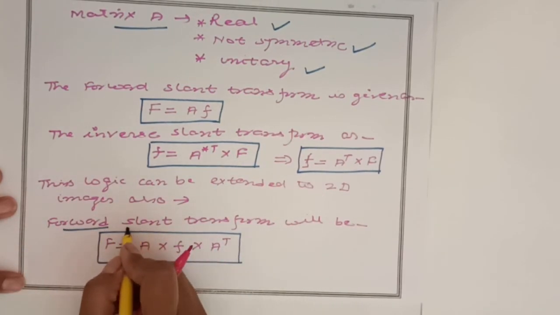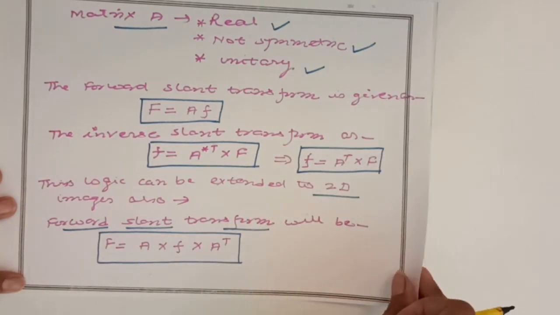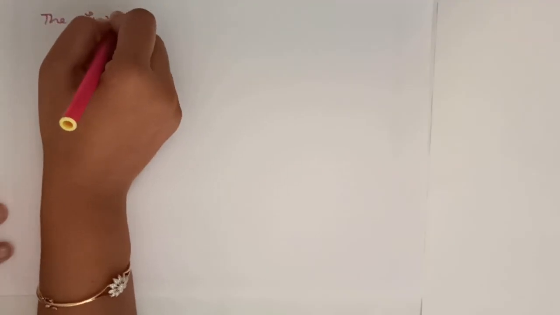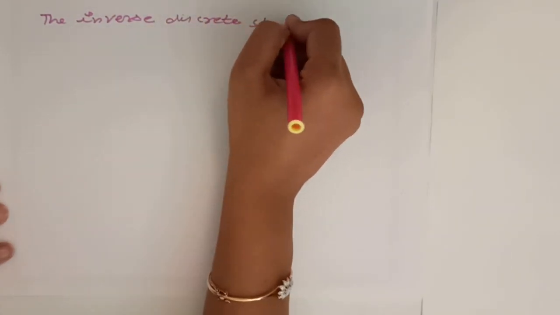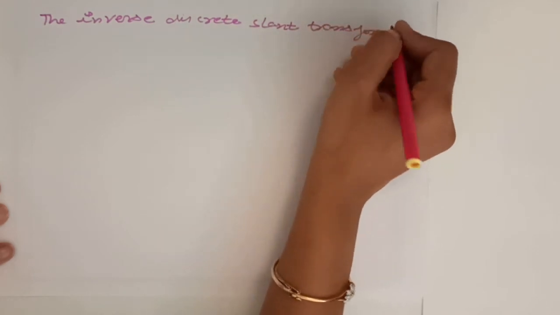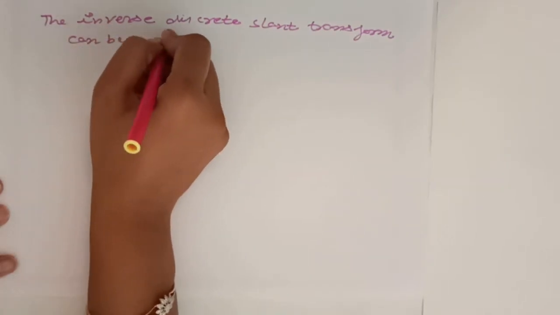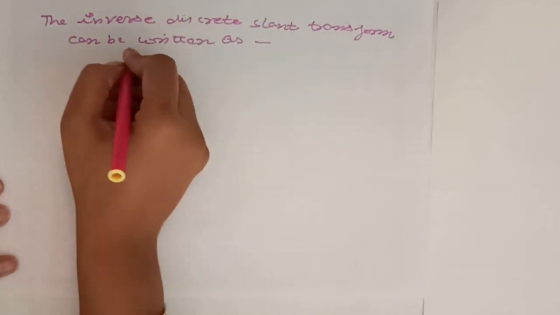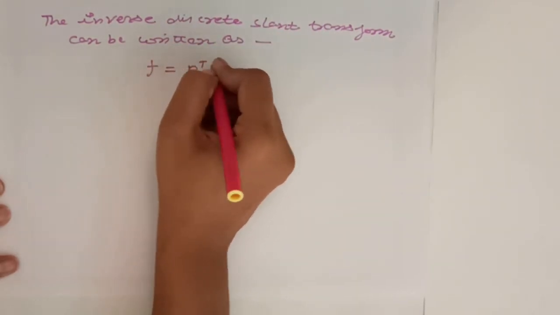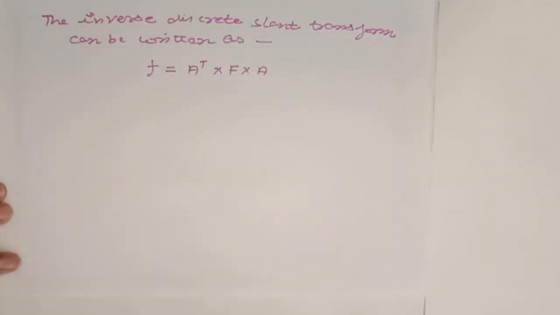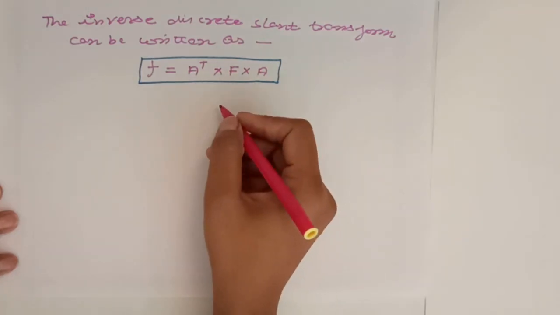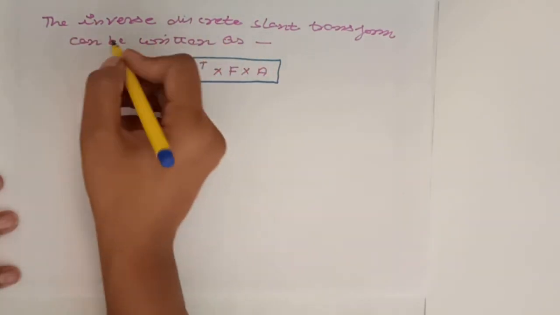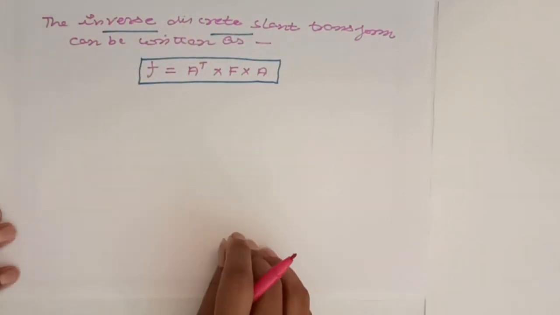This is the way via which the forward slant transform of a 2D image can be calculated, and the inverse discrete slant transform can be written as the original image f equal to A transpose into F into A. So this is the way to write down the inverse discrete transform and forward discrete transform.